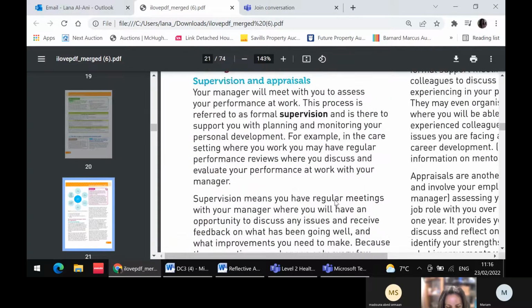My manager will teach me how to do a better performance, and also give me formal supervision, and he will teach me how to do planning, monitoring, personal development. So this will expand my knowledge and skills and abilities.